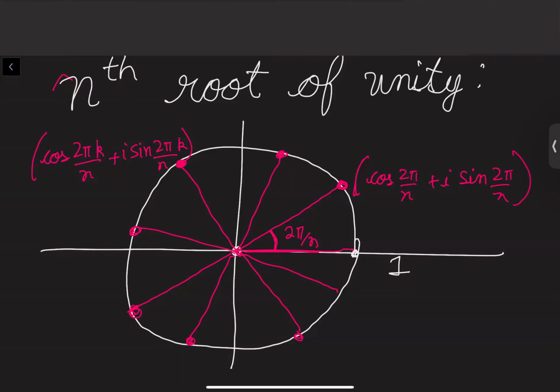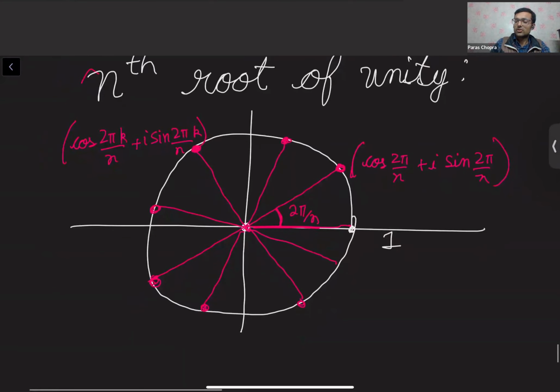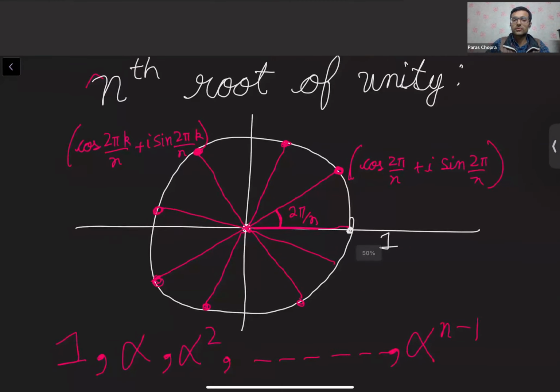And then all the roots will repeat after a cycle of n. Okay, so we represent these roots by the numbering 1, alpha, alpha square, and so on up to alpha to the n minus 1. Okay, so these are the nth roots of unity.